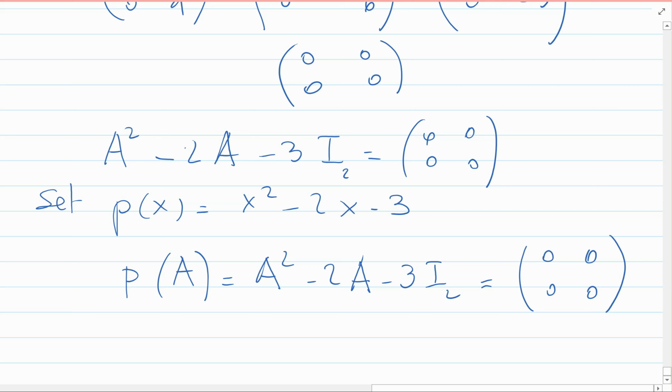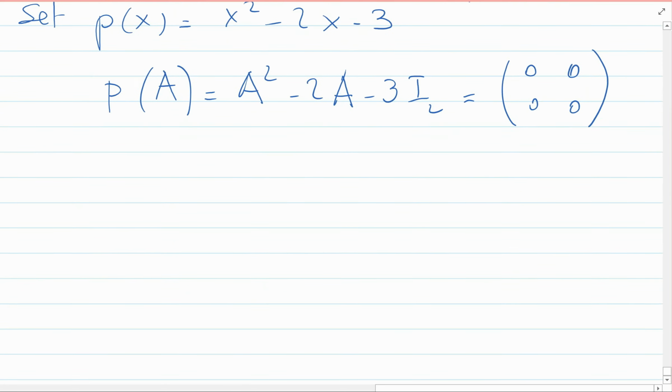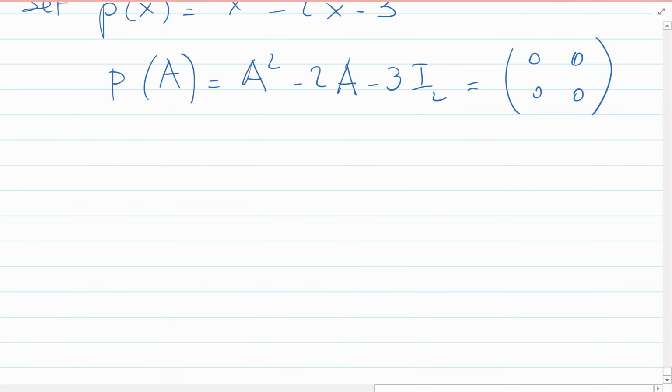This is the famous Cayley-Hamilton theorem, which has some amazing applications. Let me show you one of them.